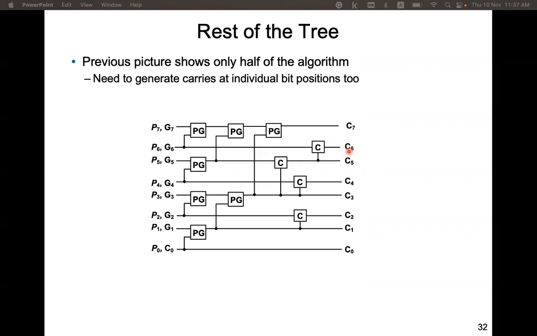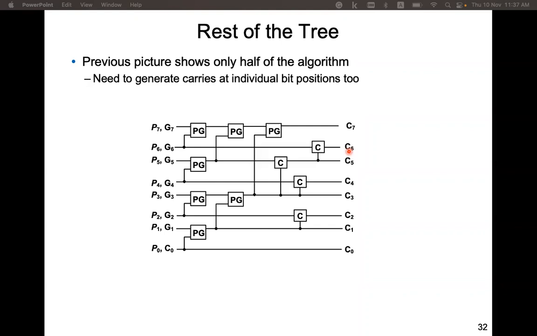So can you trace this tree diagram? Do you understand it? The important thing is that all these form a tree.